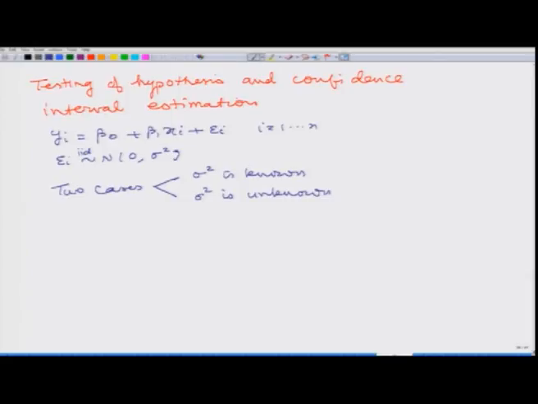And then we will try to develop three setups: one for beta 0, another for beta 1 and another for sigma square. So, we will develop the test of hypothesis as well as the confidence interval for these three parameters under the two cases, when sigma square is known and when sigma square is unknown.